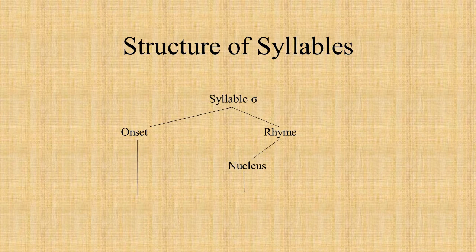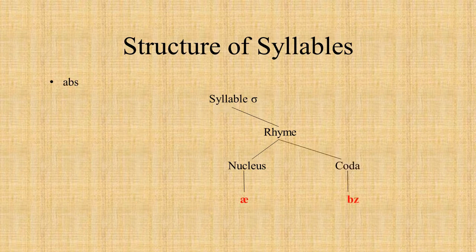The first example shows that a syllable can consist of only an onset and the nucleus without the coda. The word see can be divided into the onset, which is the S, and the nucleus E. So this open syllable, which ends on a vowel, does not have a coda.